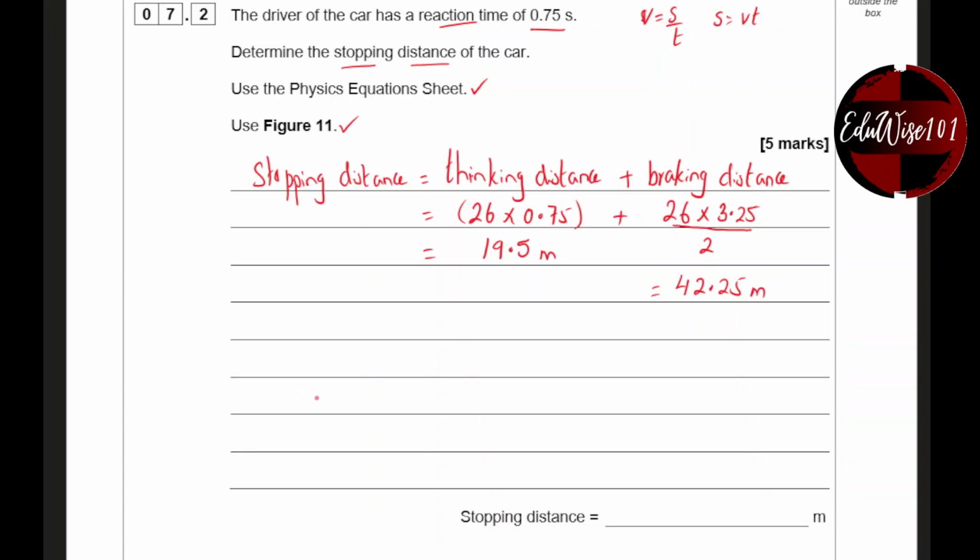So stopping distance equals 19.5 plus 42.25. That gives me 61.75 meters.